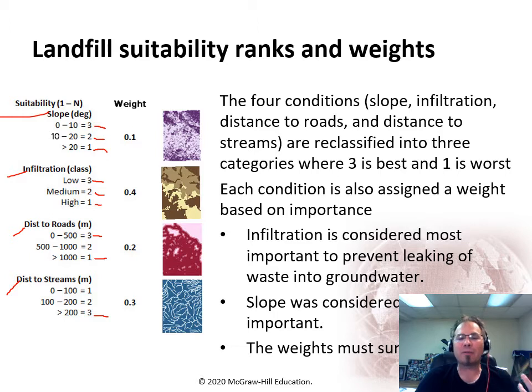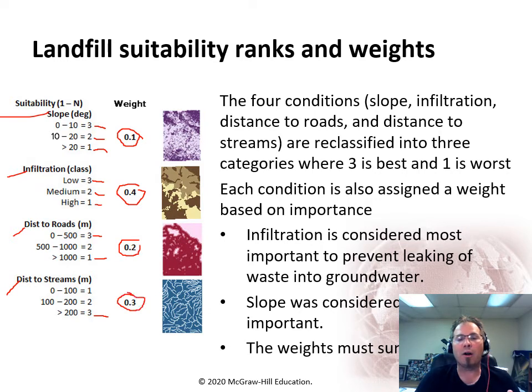Think of them kind of like percentages, right? That's the way I kind of look at them. And if you look at this particular model, the weight here of 0.1 means that it's only 10% of what you need. If you multiply that by 100, it's 10% important. Whereas infiltration gets a 0.4 because it's the most important. That's the last thing you want in a landfill, is for it to reach the groundwater. And then you got really bad things going on. And then distance to roads is the second least, and then distance to streams is pretty important.